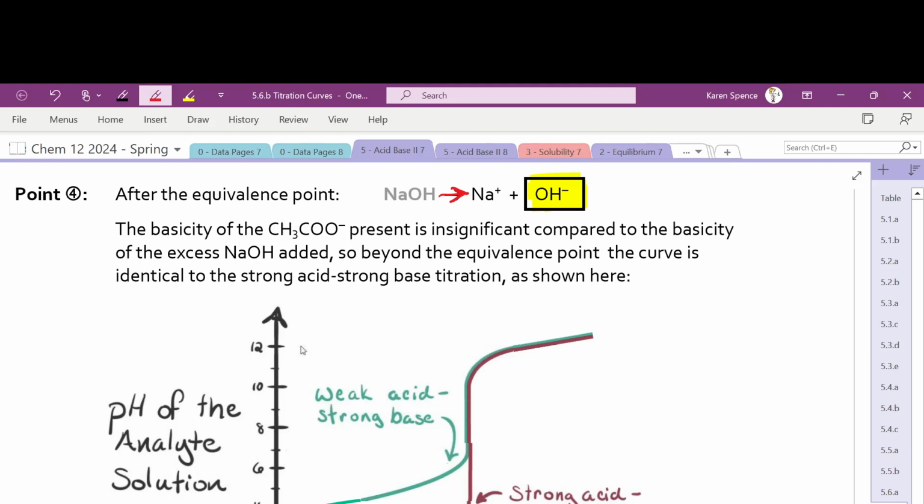We're going to label a part in here. From about here to about here, this region is called the buffer region.